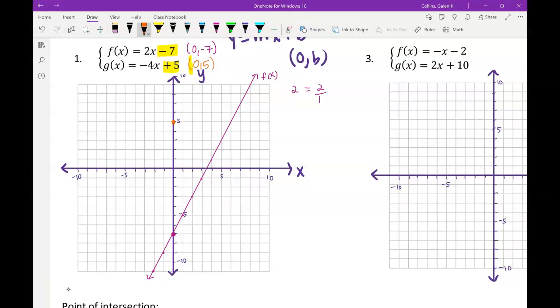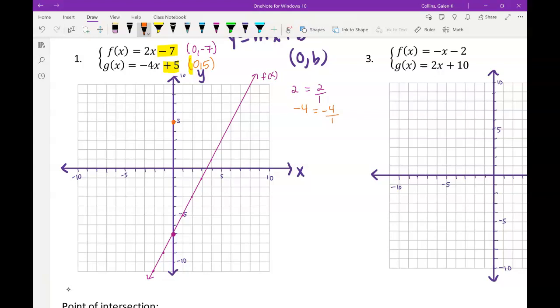And then for g, my slope is -4. So remember, when I have an integer, I can always put a 1 under my integer to write that as a fraction. And the reason that's helpful is if I'm thinking about rise over run, I could think that for every 1 x I run forward, I am rising -4. So I'm going down 4 as I move to the right.